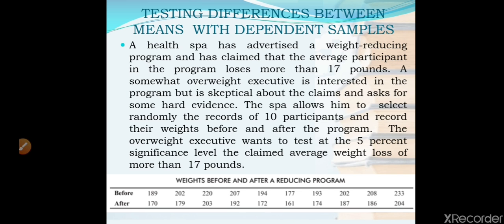The executive wants to test at the 5% significance level the claimed average weight loss of more than 17 pounds. So here we have two samples that are clearly dependent on each other, because the same 10 people have been observed twice.